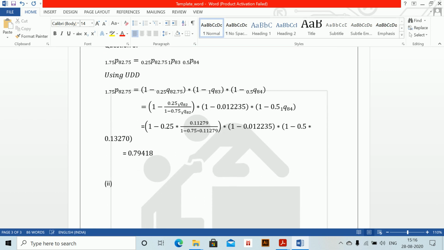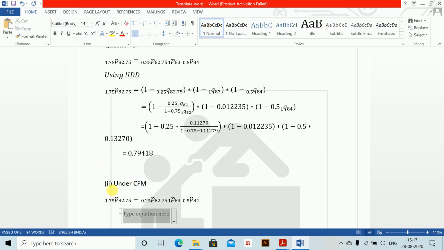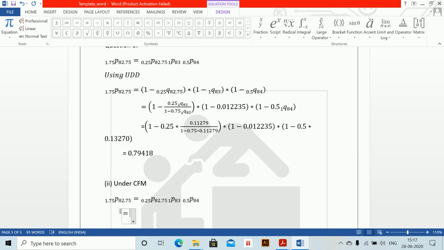For constant force of mortality, assuming between integer ages, again do not write, please copy this and we'll just make the necessary changes for CFM. Under CFM, alt equals to tab, this becomes p underscore 82 to the power 0.25.